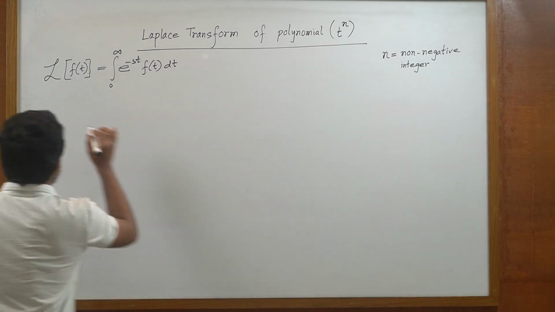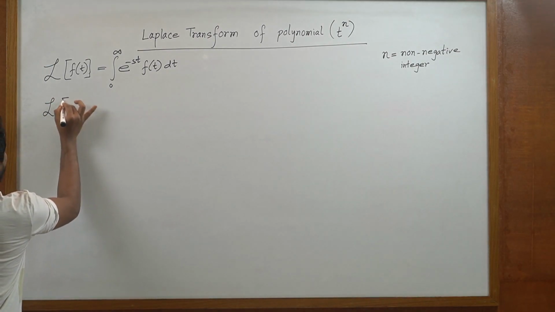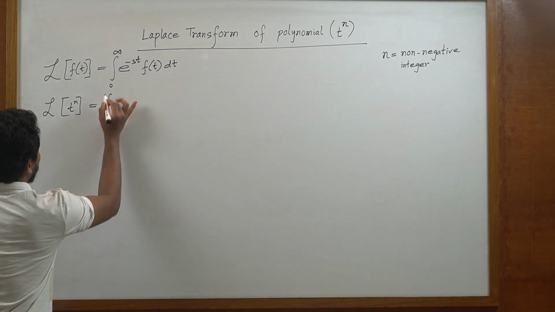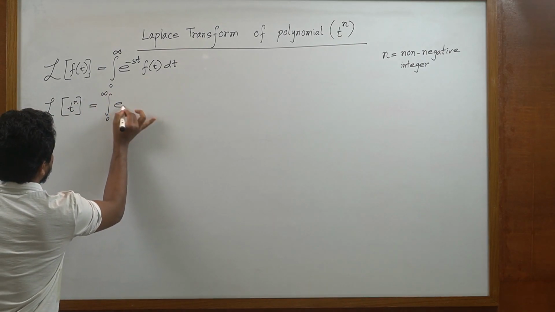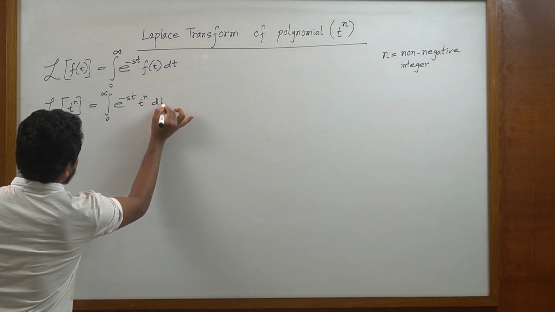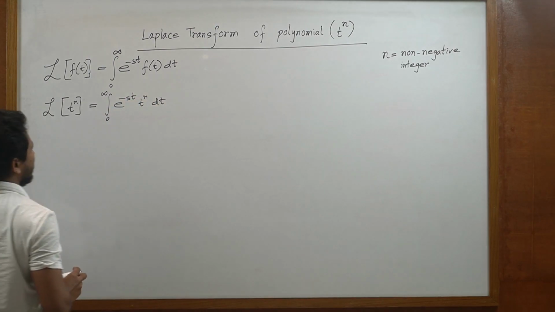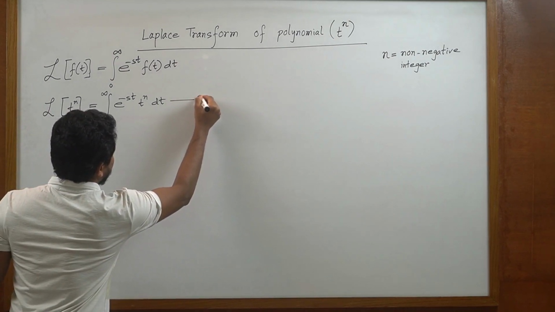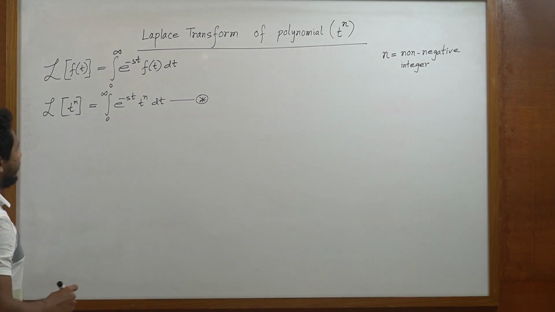So the Laplace transform of t to the power n will be the integration from 0 to infinity of e to the power minus st into t to the power n with respect to t. Now we can denote this equation as the star equation.